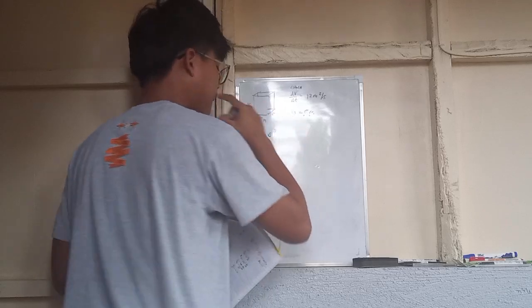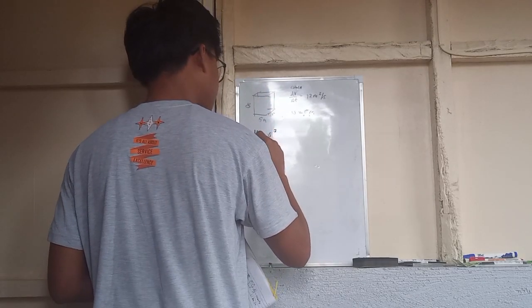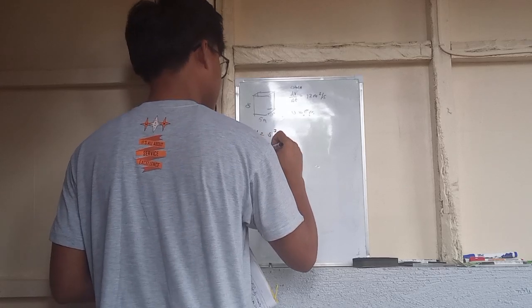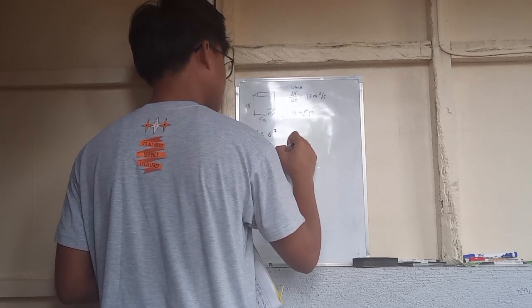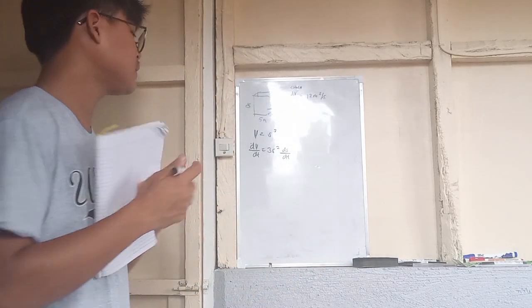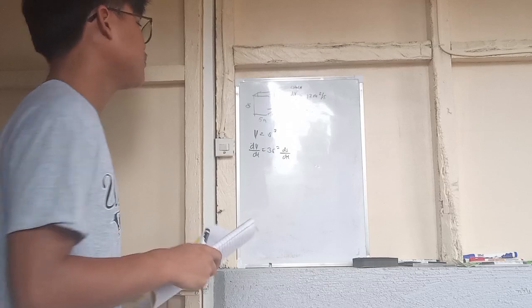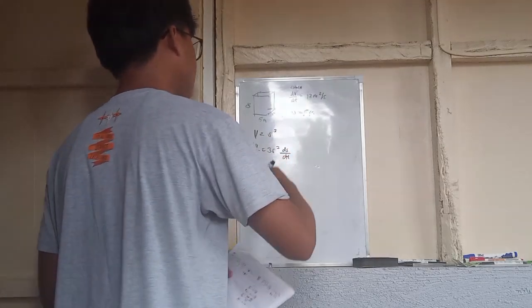Now differentiating the formula, we can get dV over dt is equal to 3s squared ds over dt. Now that we are done differentiating the formula, we can substitute the given values into the formula.